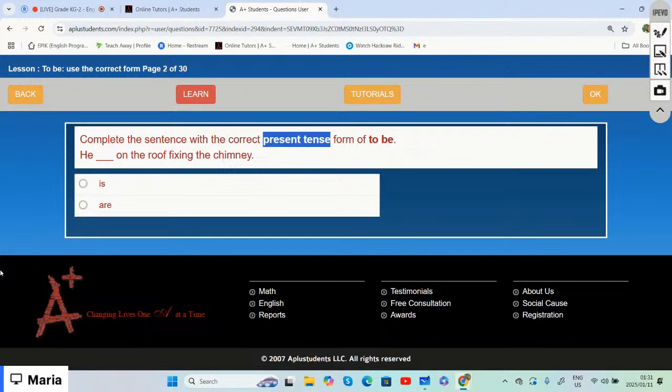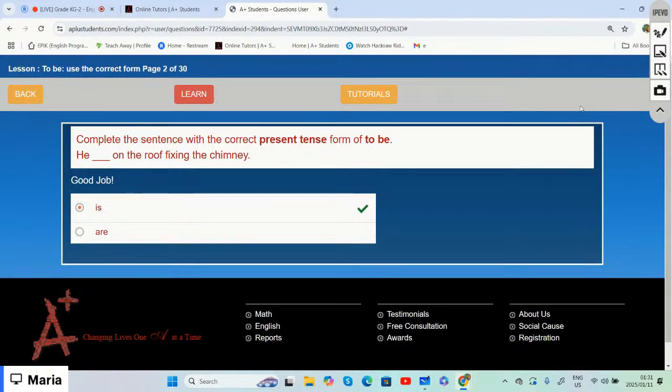All right, and if we were to choose the correct option, then we would say he, which refers to one person, is on the roof fixing the chimney.